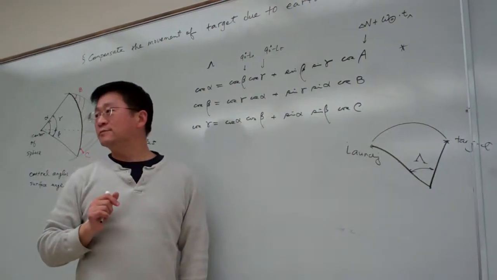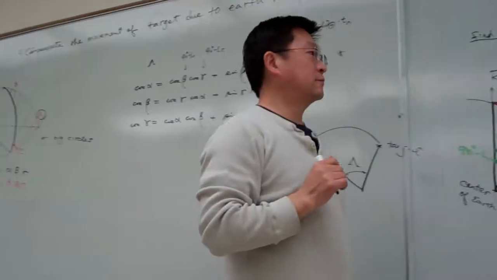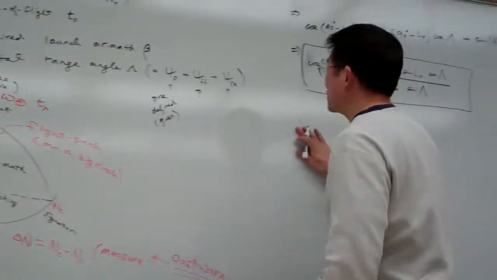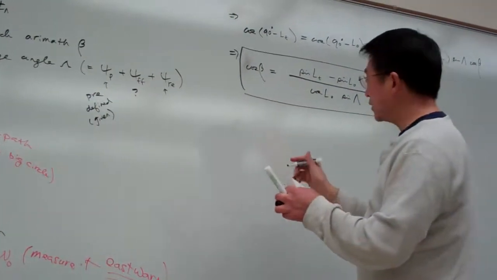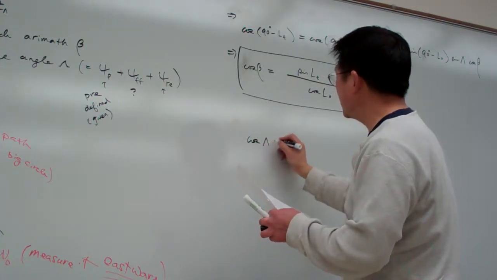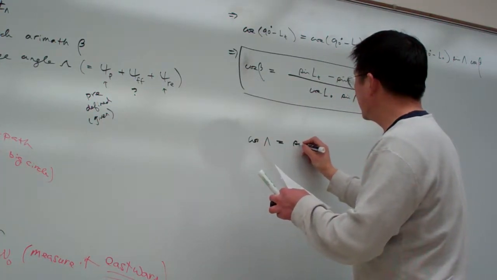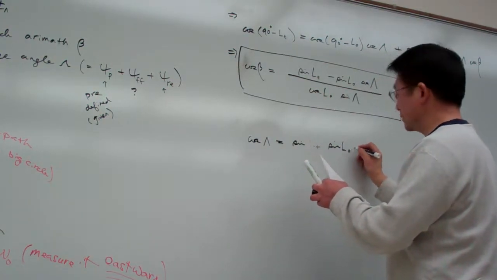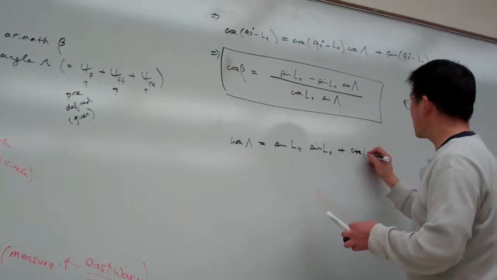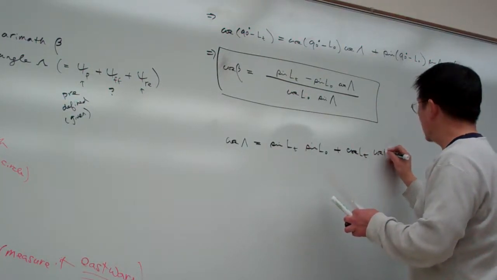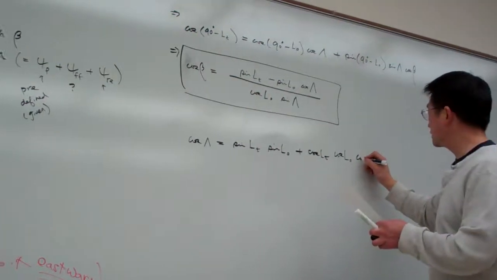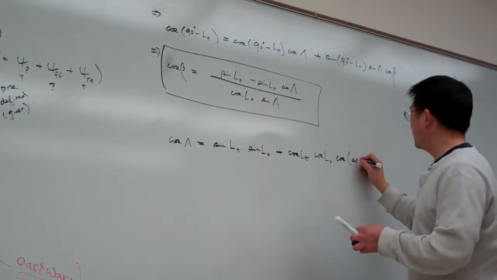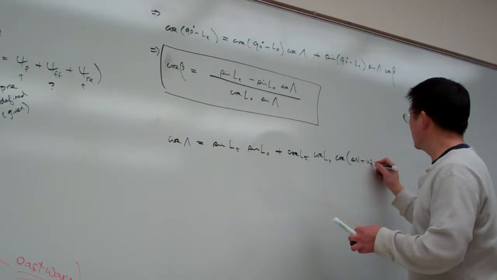Be good? So using that equation quickly, we can determine cosine lambda equal to sine LT sine L0 plus cosine LT cosine L0 cosine theta n plus omega.